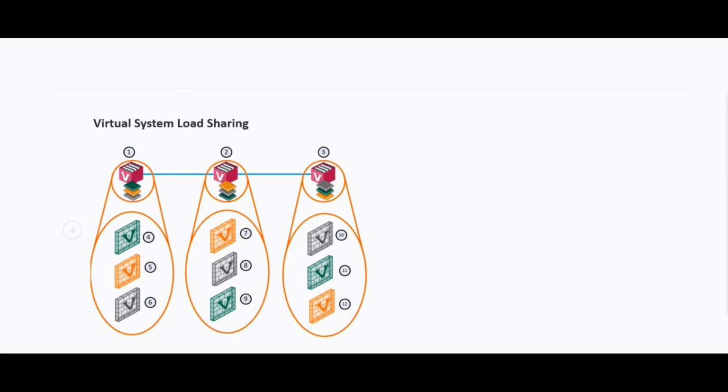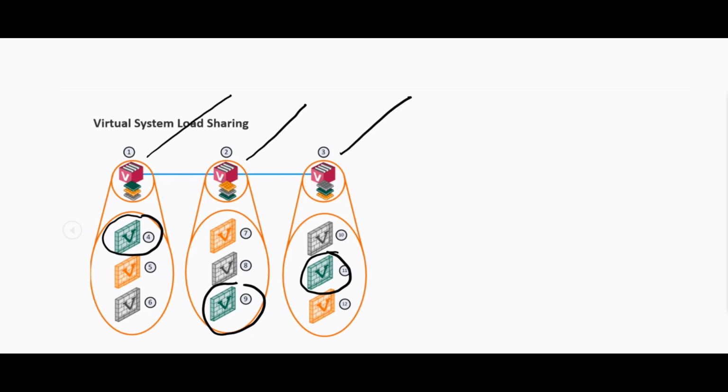Now let's understand key points. Number 1, a different member hosts the active peer for each virtual system. What that means is, as you can see, at the same time VSX gateway 1, VSX gateway 2 and VSX gateway 3 can host active members, but the load distribution happens depending on the algorithm.